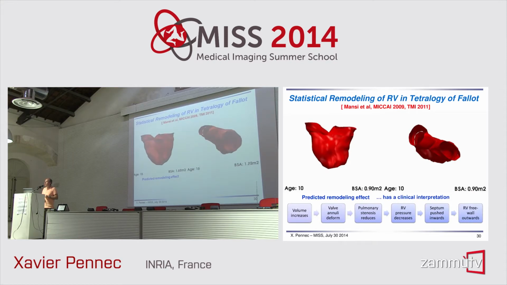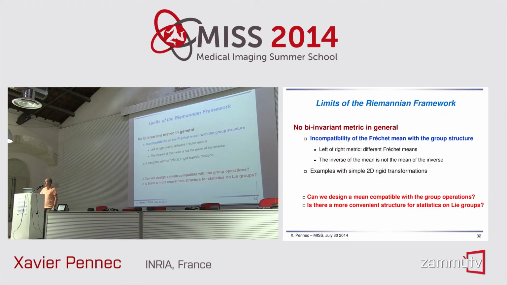But if we try to make the regression now, so we have a single population of 18 subjects at different ages, and we're just trying to infer what is the shape change over age that best explains the data, this is what we find. And interestingly, if we go through all the details, we can retrieve a clinical explanation of that. All of these parts were described in the literature, and we can see all that in the model that we found. So that seems to be a good way to do the analysis.